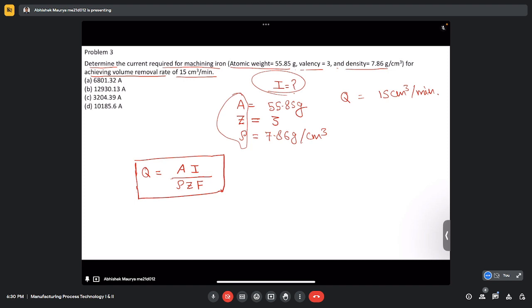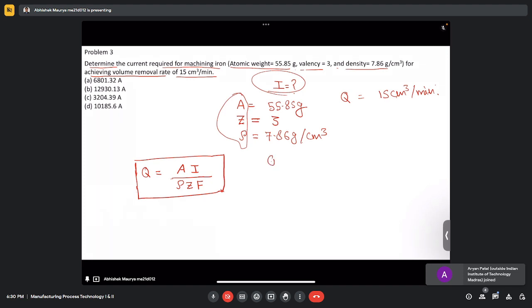Q is given in centimeter cube per minute. So we need to change it into SI units, or we have to use it in centimeter cube per second.